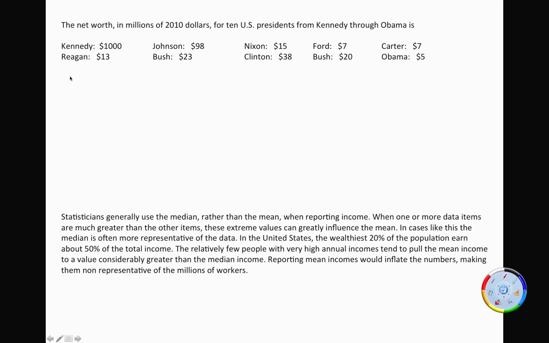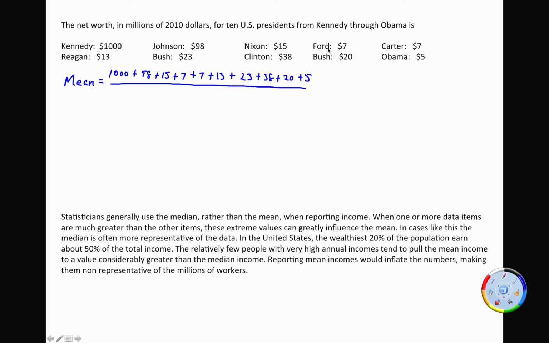So first of all, I'm going to find the mean. I add them all together. So we'll have 1,000 plus 98 plus 15 plus 7 plus 7 plus 13 plus 23 plus 38 plus 20 plus 5, and divide by how many there are.